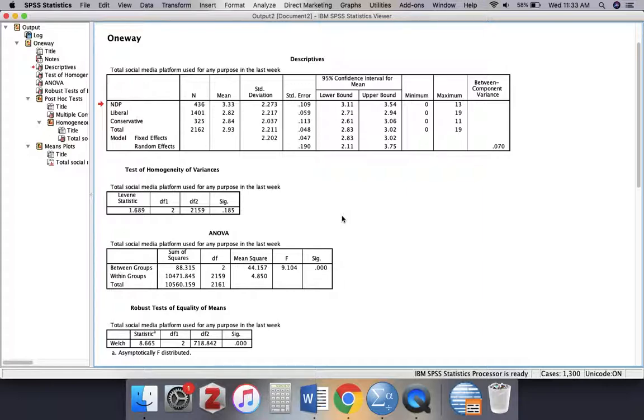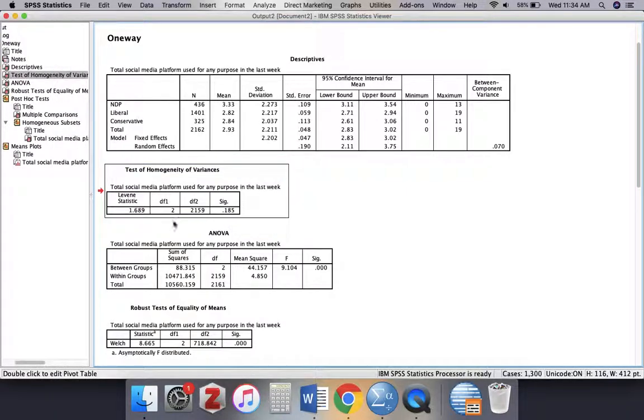So if we're interested to check off our assumption number 4, is there homogeneity of variance amongst the three groups? We will look at the Levene statistic, okay? And what we're hoping for is that the Levene statistic is non-significant, okay? We don't want it to be statistically significant.